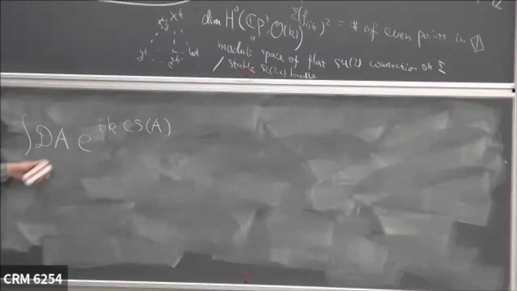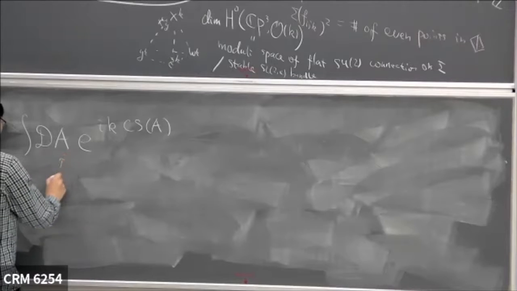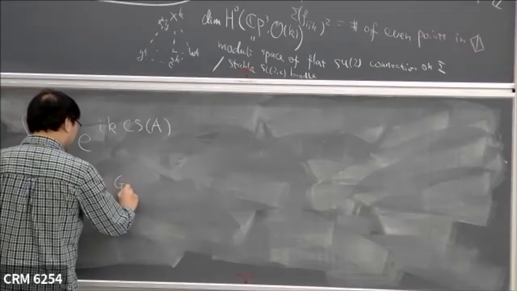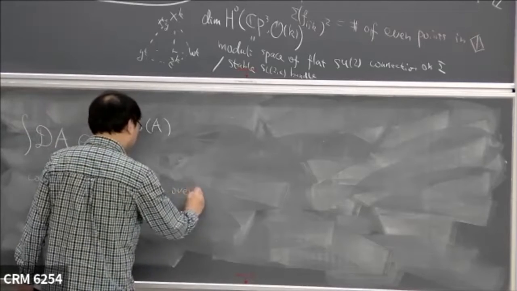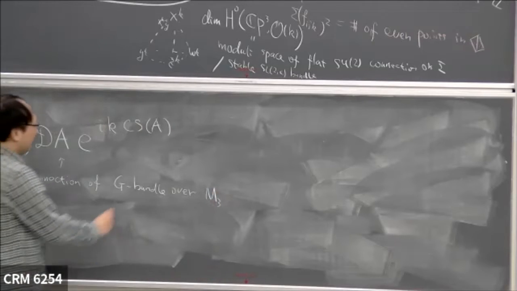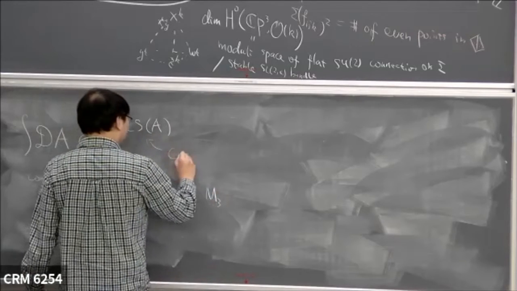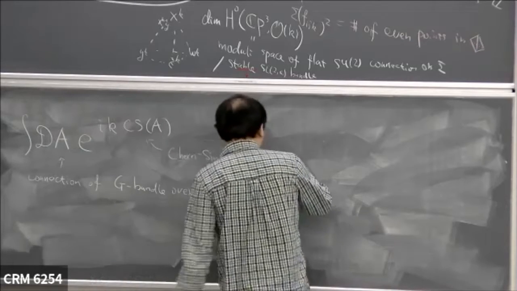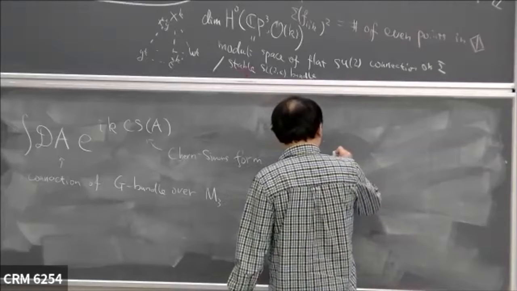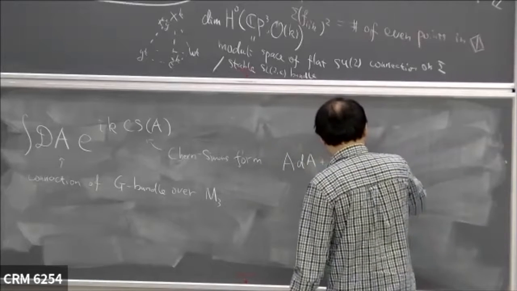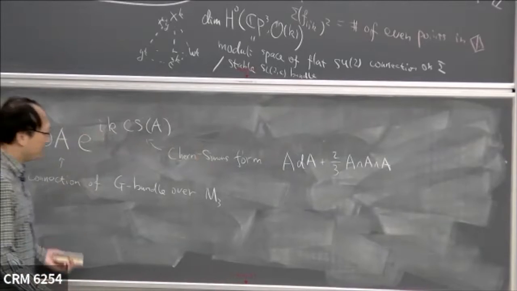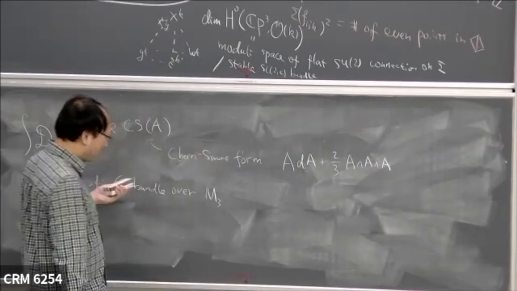The variable here, A, is a connection of a G bundle over, let's say, a 3-manifold M3. This is the Chern-Simons form. Locally, it looks like A dA plus 2/3 A wedge A wedge A. Here K has to be an integer for this to be properly defined.